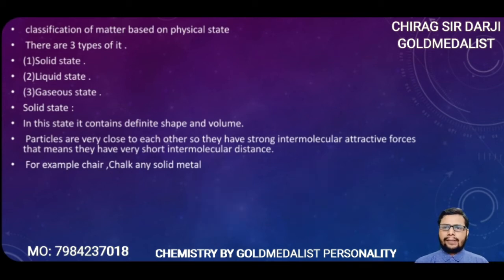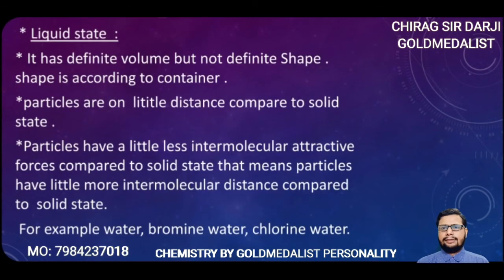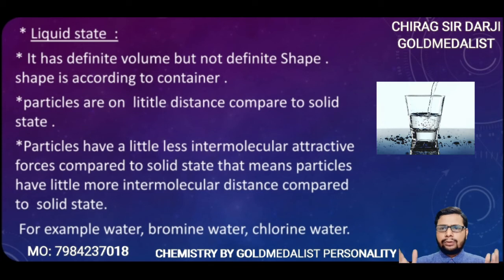Liquid state. In liquid state, it has definite volume but not definite shape. Here shape is according to the container or vessel. For example, if you take water in a glass, it takes the shape of the glass, and if you take water in a bowl, you will get the shape of the bowl. So in liquid state, volume is fixed but shape is not fixed.